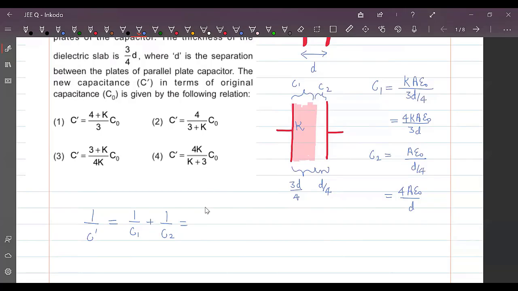And this will give me 1 by C1 as the inverse of the first equation, 3D by 4K A epsilon naught, while the inverse of the second equation will give me D over 4A epsilon naught.